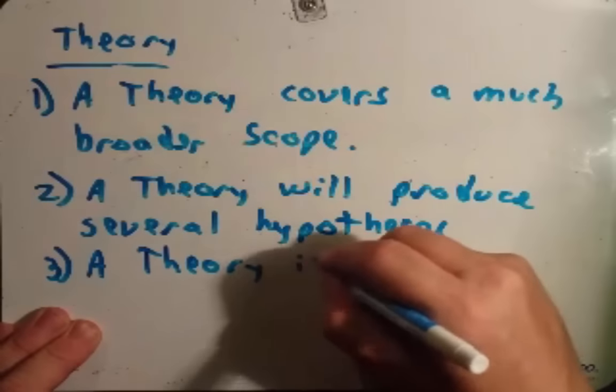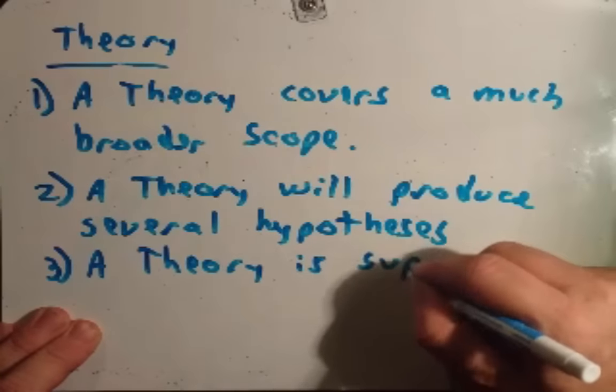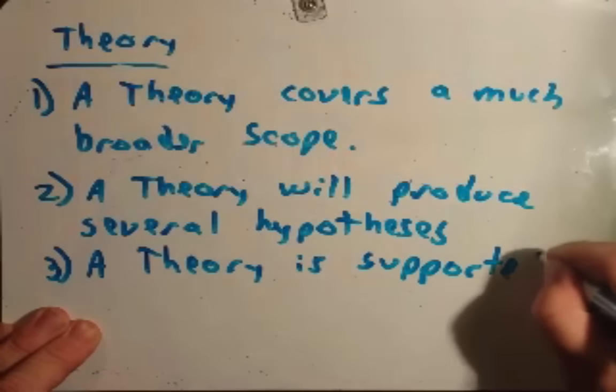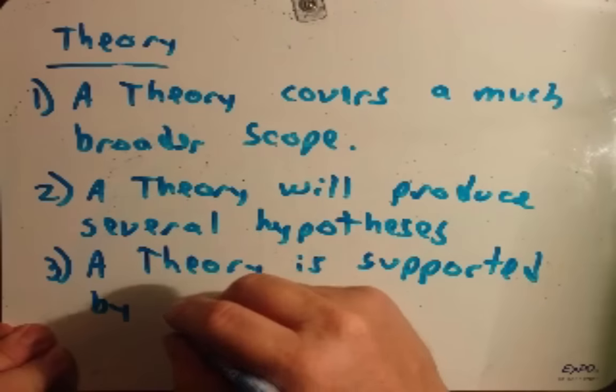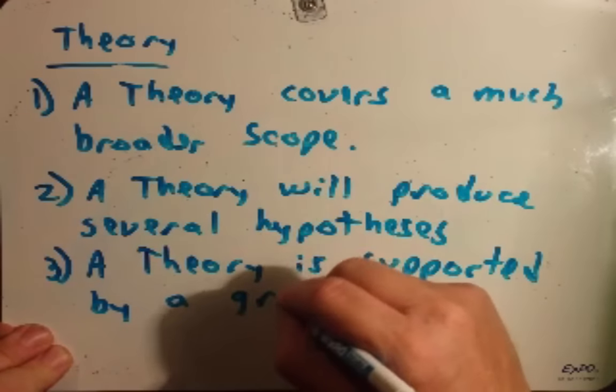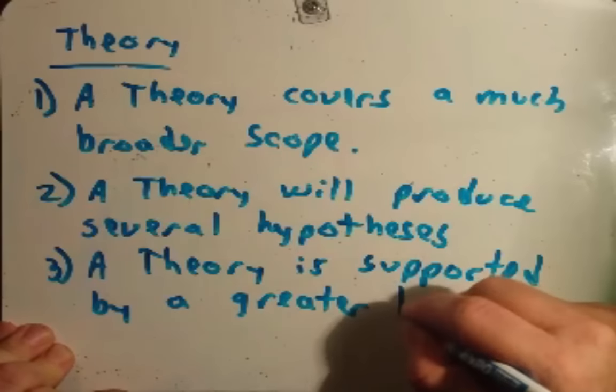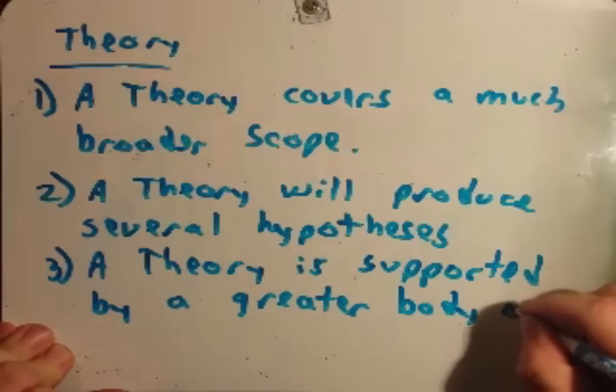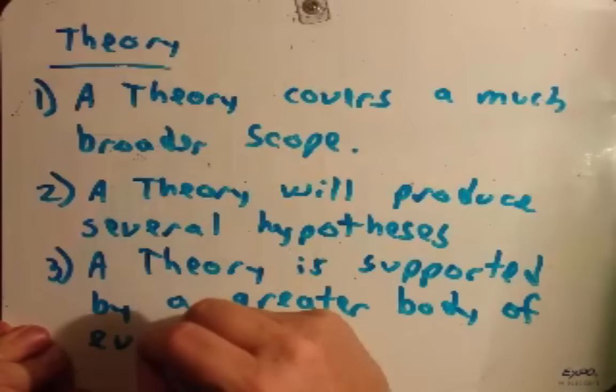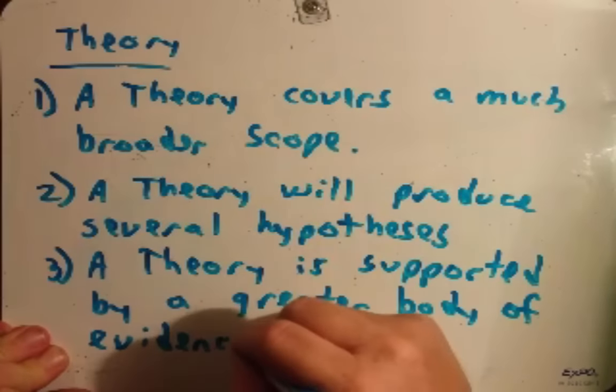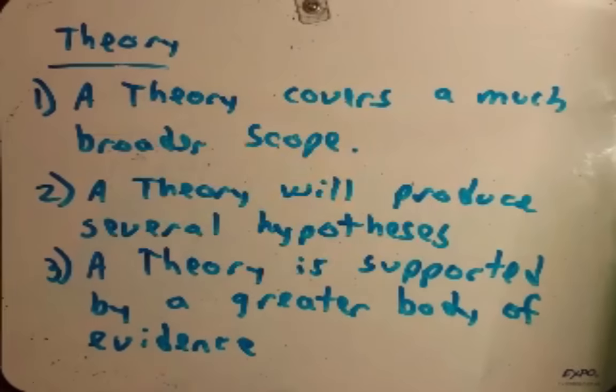A theory is supported by a greater body of evidence. And this body of evidence often will come from different fields, different angles, different approaches.